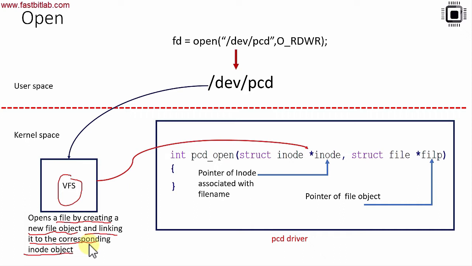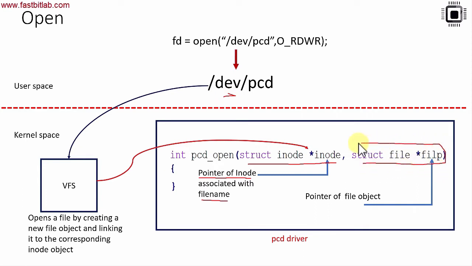So during execution of the open system call, control is first passed to the VFS, and the VFS finds the appropriate driver and calls the open method of the driver. When it calls the open method, it passes two arguments. The first argument is a pointer to the inode associated with the file name, the device file name. And the second argument is a pointer to the file object.